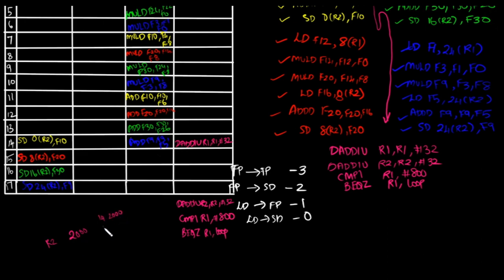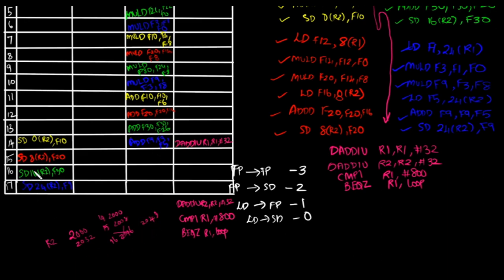In the 15th clock cycle I would have read 2008. But simultaneously in the 15th clock cycle I am modifying it to 2032. So in the 16th clock cycle I should be writing it in 2016. But since my DADDIU modified R2 by 32, instead of 2016 I will be adding 2032 plus 16, which results in 2048, which is our problem here.